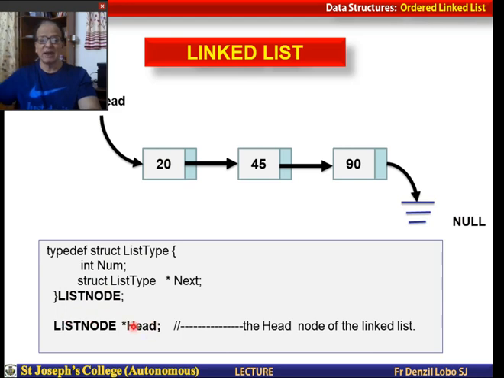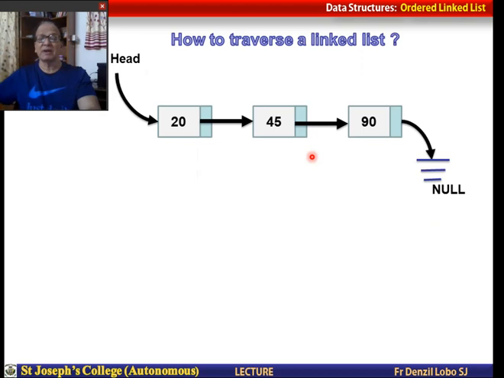And we declare star head, a pointer called head, as a global variable. And in our program, first what we usually do is assign null to the head, and that is how we initialize the list.